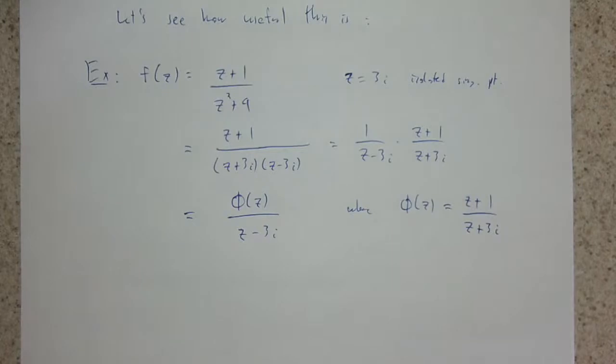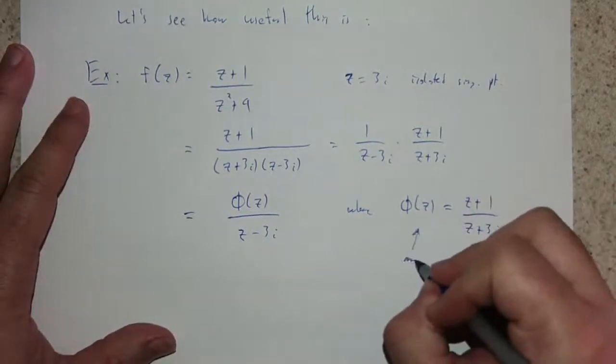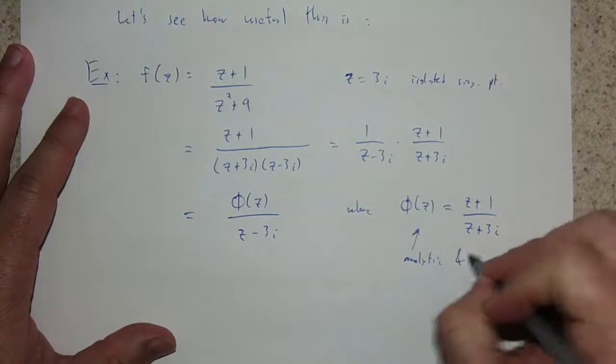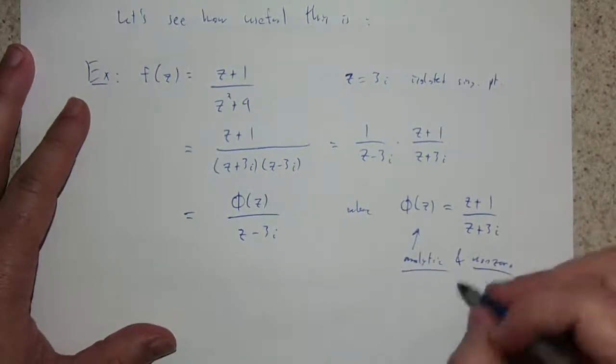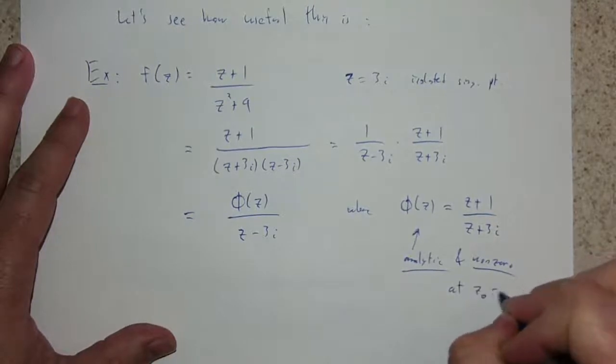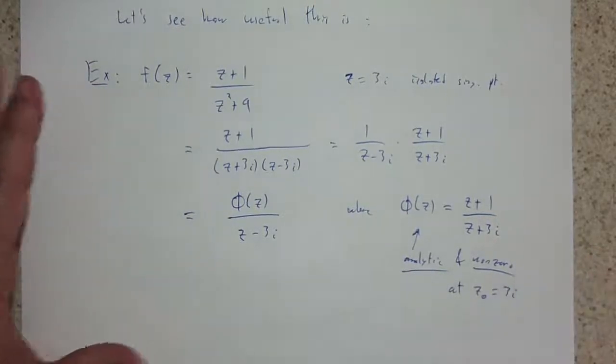Now, since I can write it like this, this is a pole of order m, since phi of z is analytic and non-zero. Both of those are required. Analytic and non-zero at z naught equals 3i.